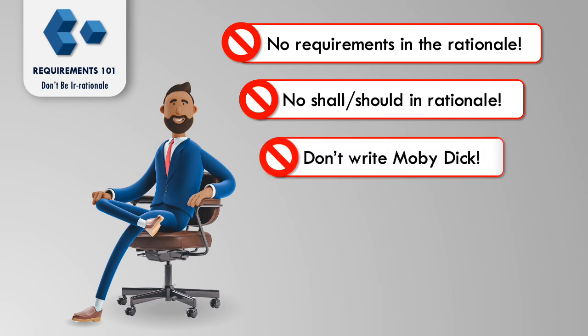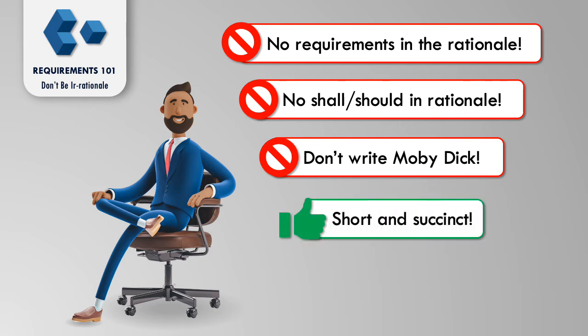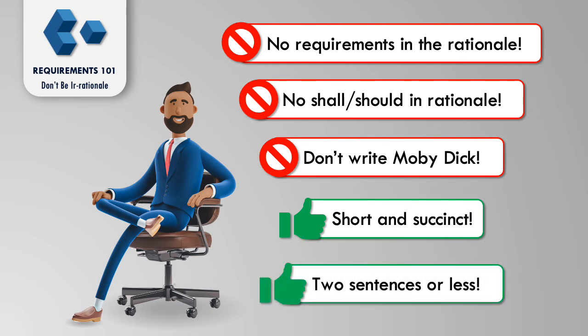Also, do not start writing Moby Dick in the rationale. Remember, we are not writing textbooks or novels. Rationales are not there to provide instructions on how to implement the requirement. We must keep our requirements short and succinct, and that also applies to the rationale. Anything more than 2 sentences, and the internal alarm bell should go off.